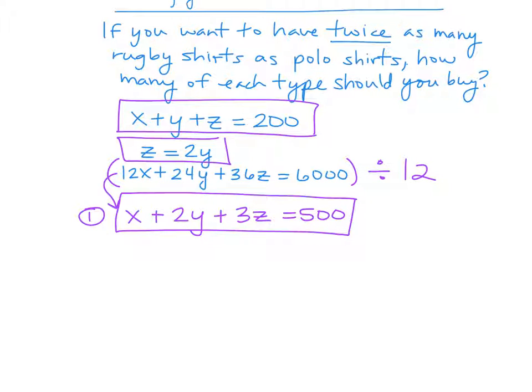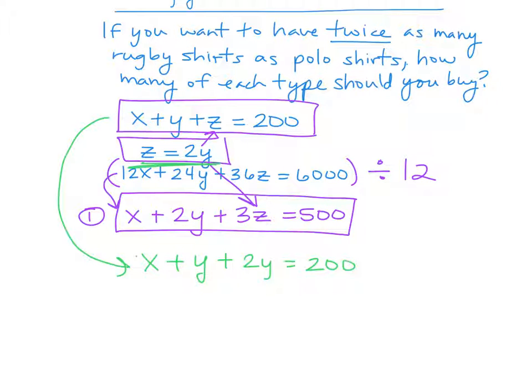What shall we do? Multiply the bottom one by negative and add the top one, then find X and Y, and then put Z in. So we know what Z equals, right? Z is 2Y. So let's substitute it into both of our equations. For this one, it's going to be X plus Y plus 2Y, since Z is 2Y, equals 200.